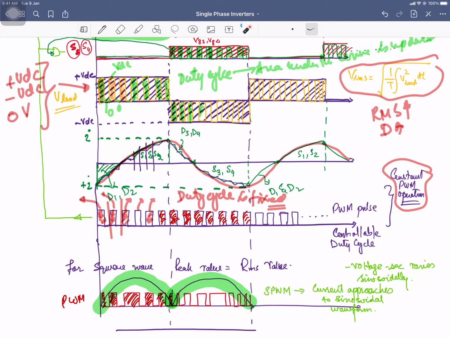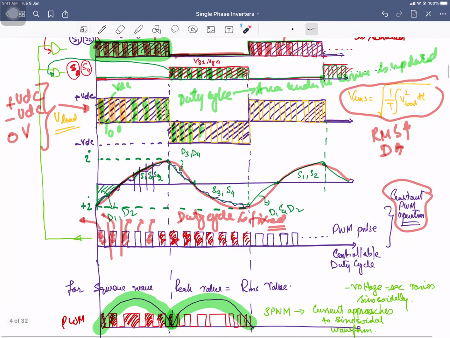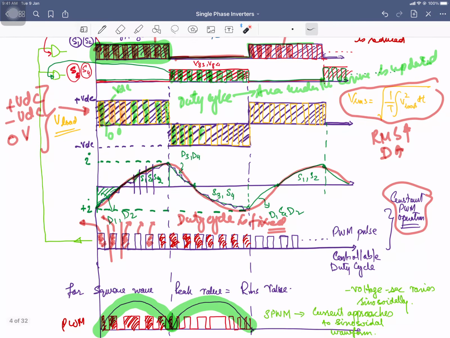So that's why we call it the sine PWM, and in sine PWM, our load voltage in the case of RL load will be approaching the sinusoidal waveform because of the sinusoidal variation of the voltage area that is covered in the positive and in the negative cycle.